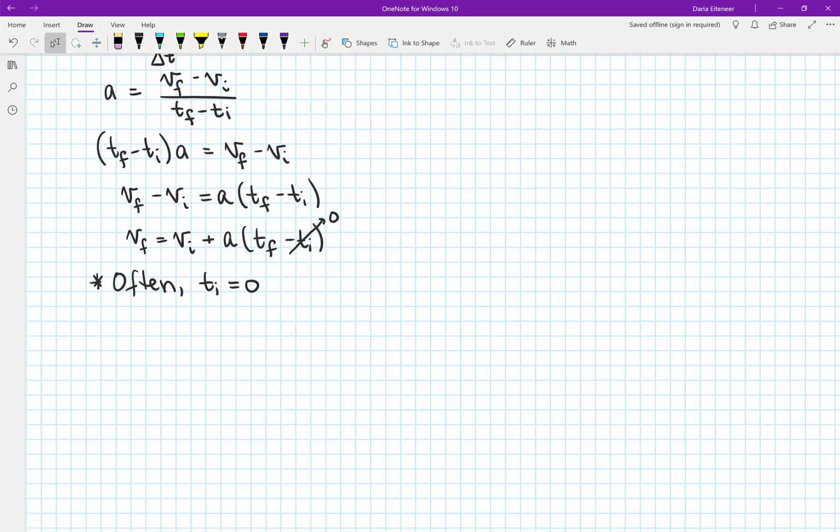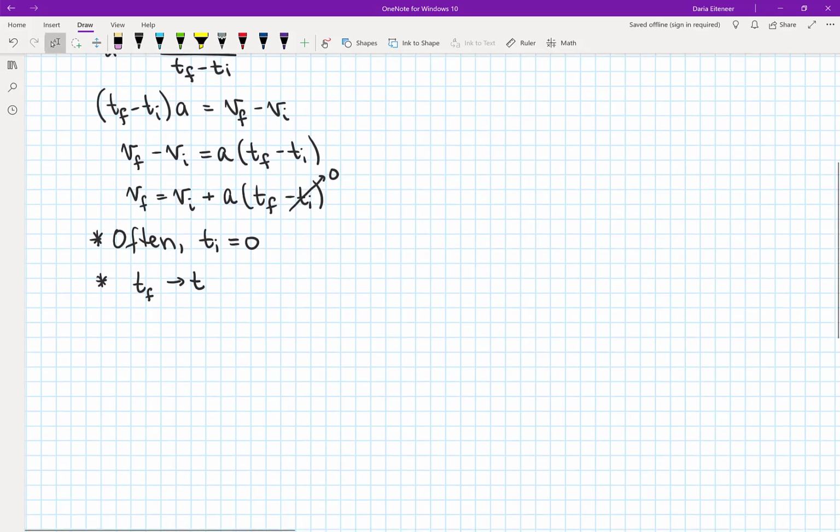Also, the other thing I'm going to do is instead of t final, I'm just going to rename it into t. Because again, I don't want to limit myself to only talking about final values or final points. I want to be able to describe every point along this motion, I want to be able to do calculations for any amount of time or any point in time during which that motion occurs.